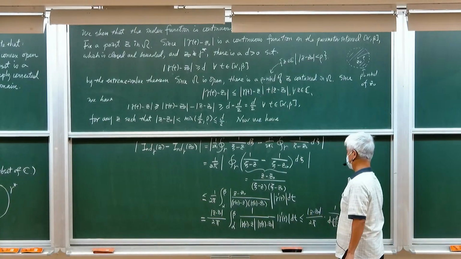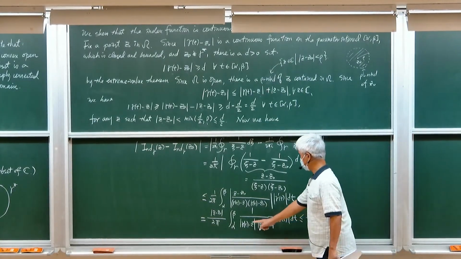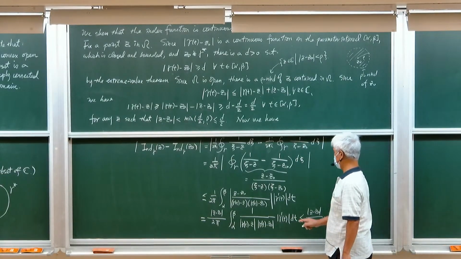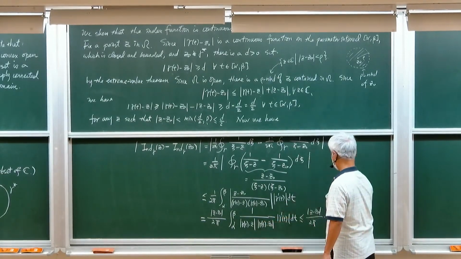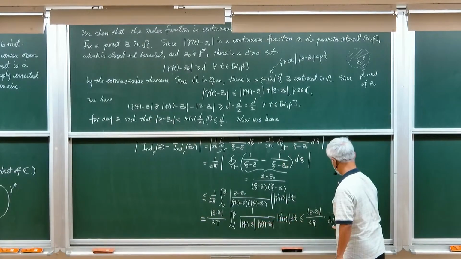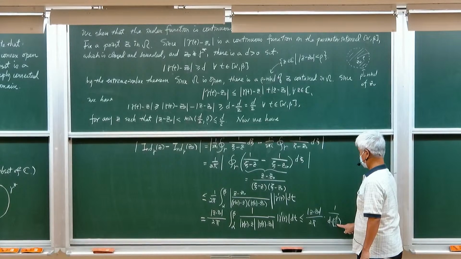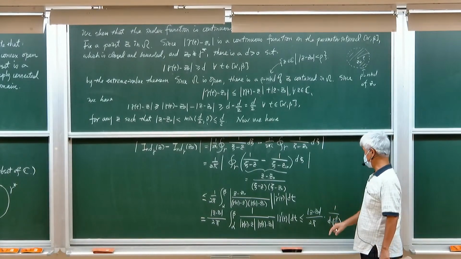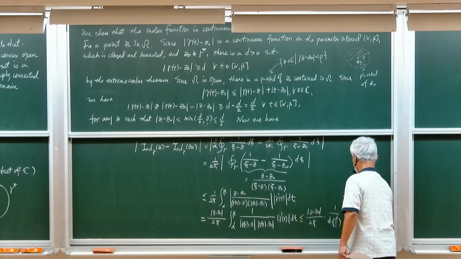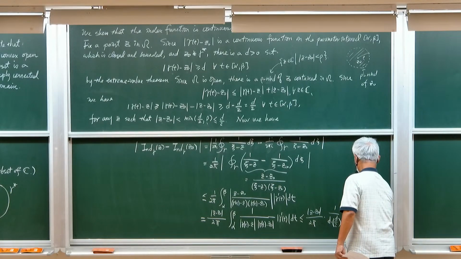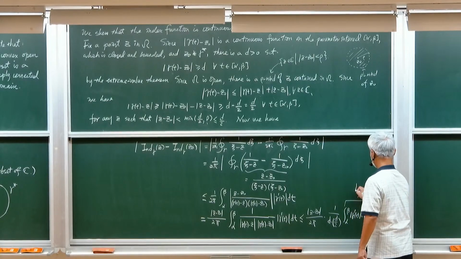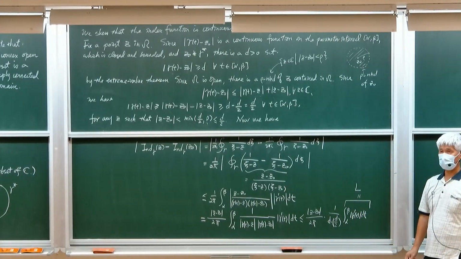The lower bound for this one is d, and the lower bound for this difference is d over 2, and when we take the inverse, it becomes the upper bound. Then the integral of |gamma'(t)| dt is the length of the curve path.